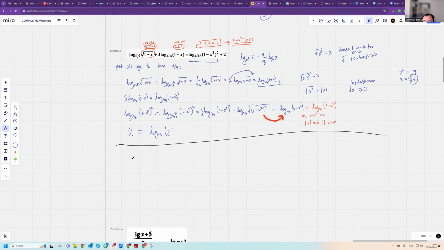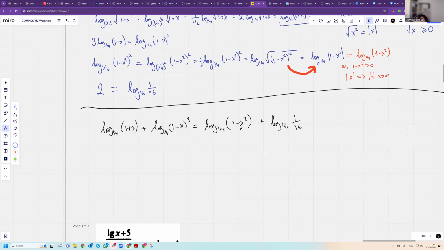So we have log base a quarter of 1 plus x plus log base a quarter of 1 minus x cubed equals log base a quarter of 1 minus x squared plus log base a quarter of 1/16.